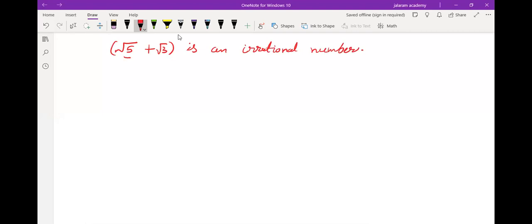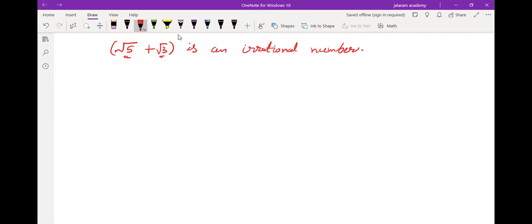Before this, we already have proved that root 5 is an irrational number, which you can watch in one of the previous videos. And I have discussed root 11 in one of the videos. Similarly, we can prove it for root 5 and root 3 also. Means root 5, root 3, both are irrational numbers.